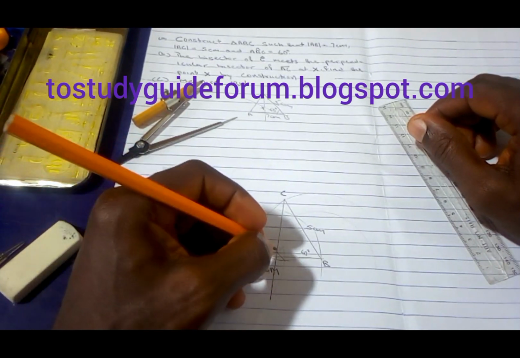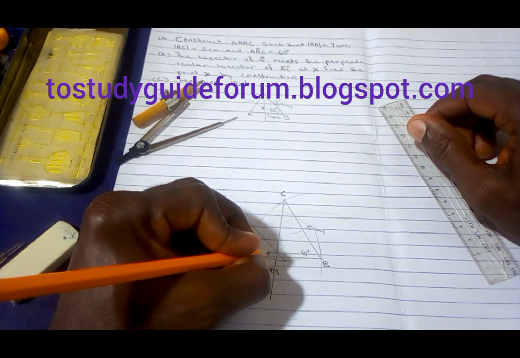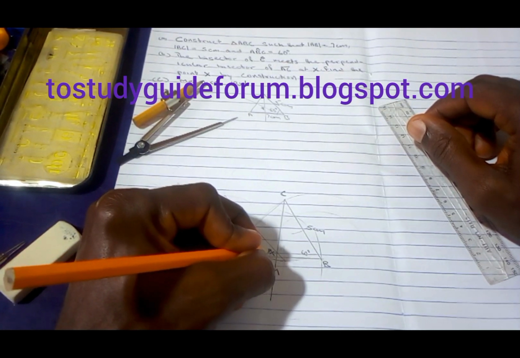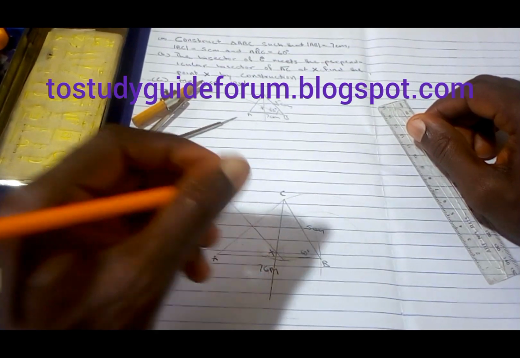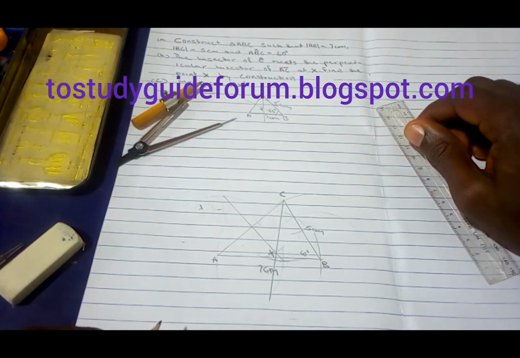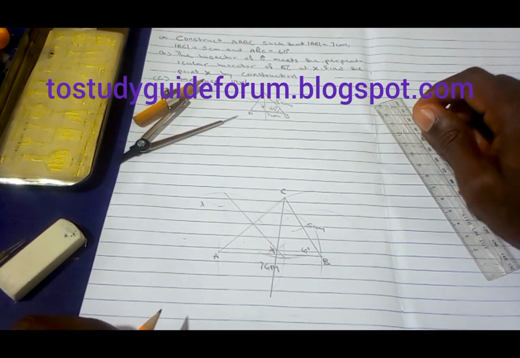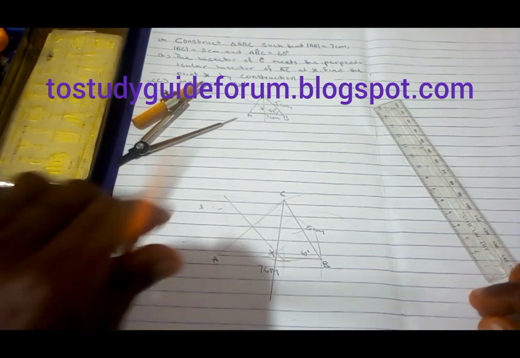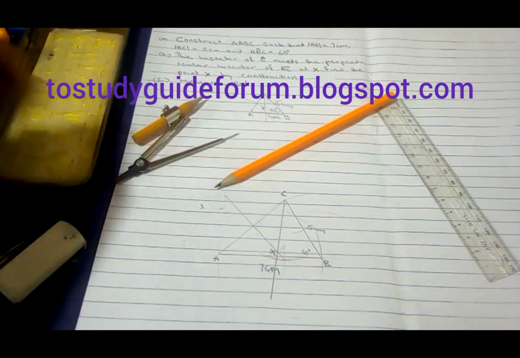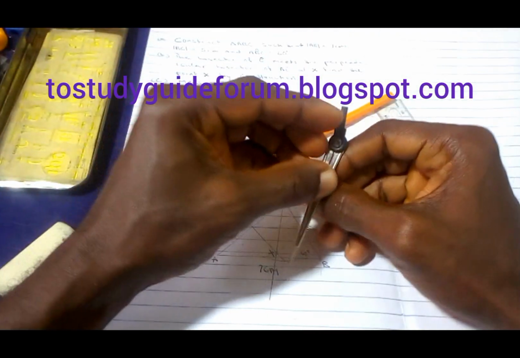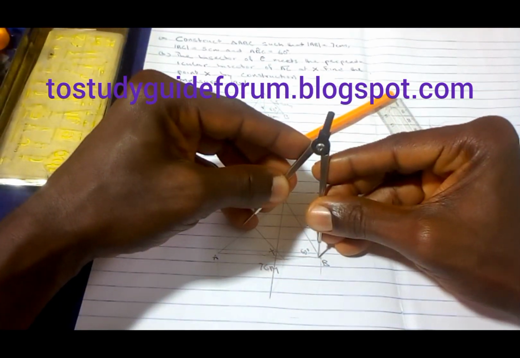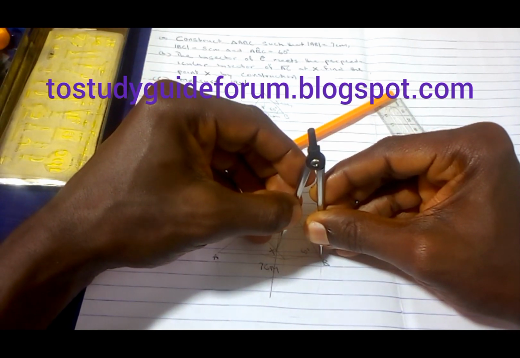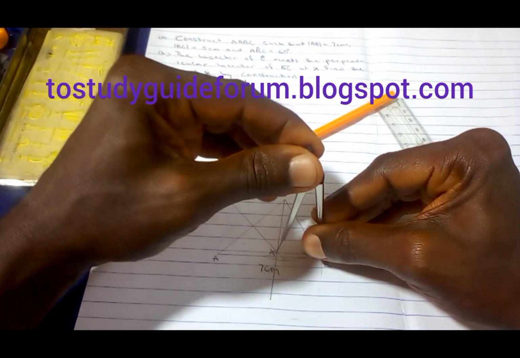Now the point of intersection is the point that we'll call X. I put the X there. You can see the X. So the next question is to measure BX. We measure BX, that is from B to that X, which is the point of intersection. So I use my pair of dividers. B is here, and X is this place, the point of intersection.